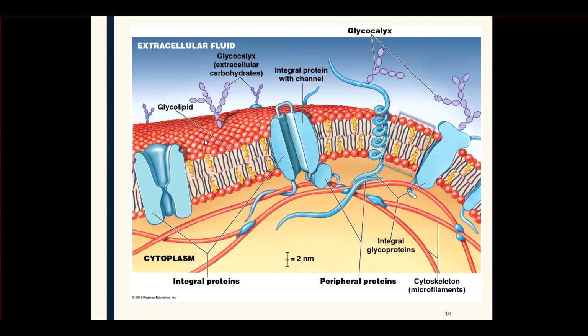So notice always the phosphate heads face water. But look at the hydrophobic tails, the fatty acid tails. They do not face water. They're facing the inside of the cell membrane, and they face each other. So we call this a phospholipid bilayer. Bi meaning two, there's a 1, 2.